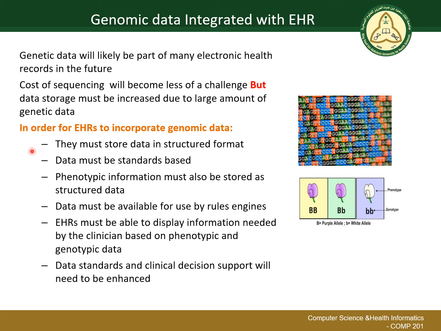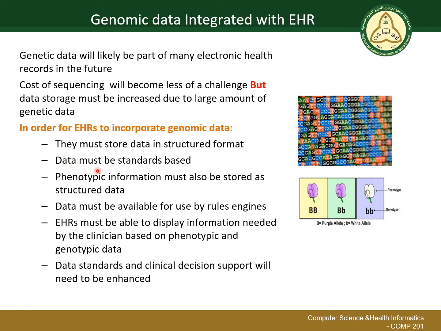So in order for the electronic health record to incorporate the genomic data, first, they must store data in a structured format, so it will be easier for the computer to understand it.